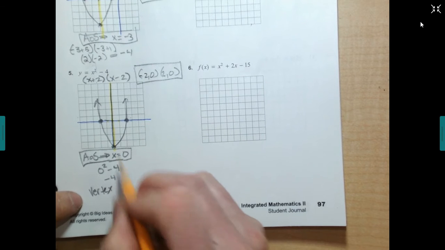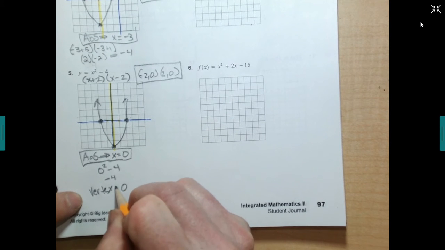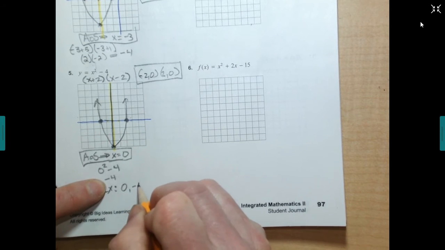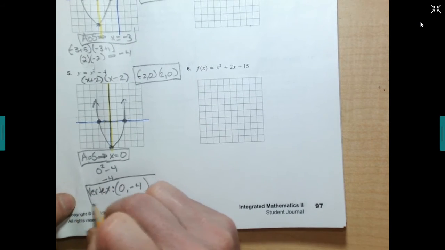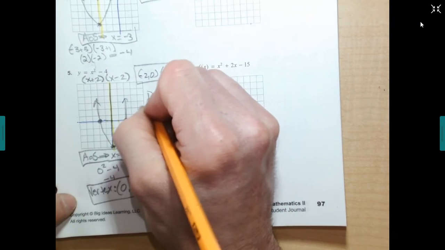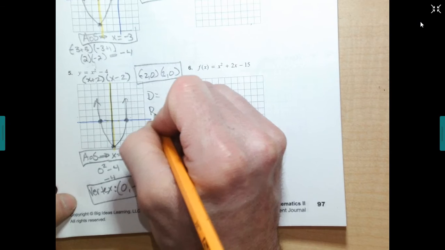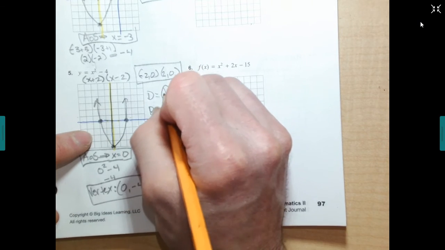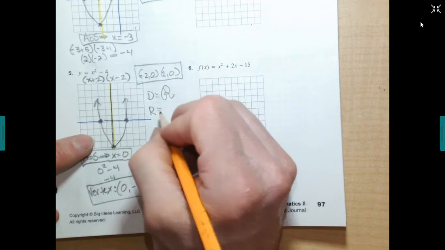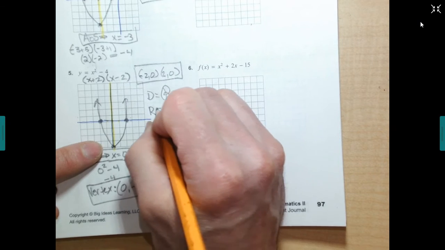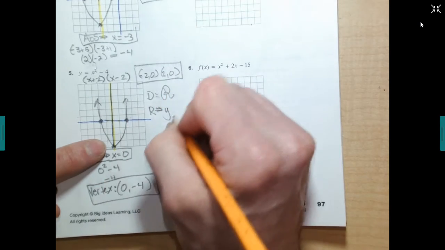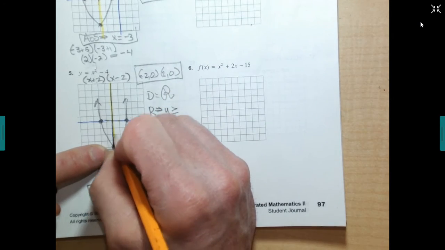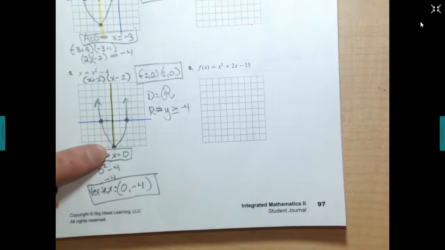Vertex is 0, negative 4, and our domain and our range. Our domain is all real numbers, and our range is y is greater than or equal to negative 4.